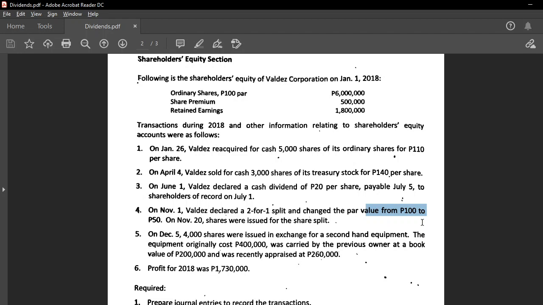Again, the share split will not affect the total amount. That is the amount of your ordinary shares account. Unsa lang ang maapektuhan sa share split? The number of shares, pwede musaka if that is the regular share split, or pwede mo nang ubos imong number of shares if we are doing the reverse split. Unsa pang another ang maapektuhan?